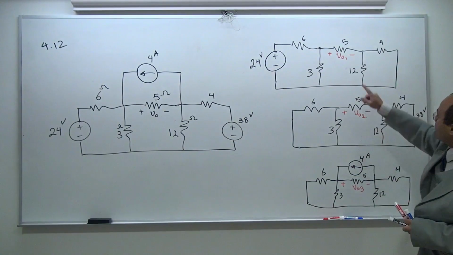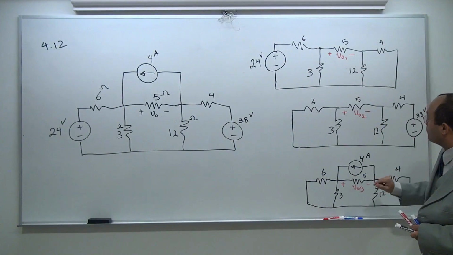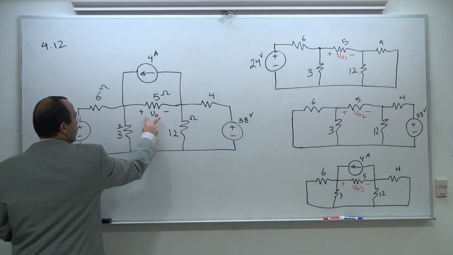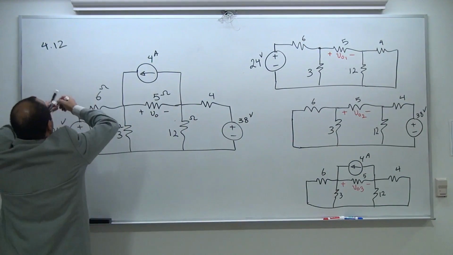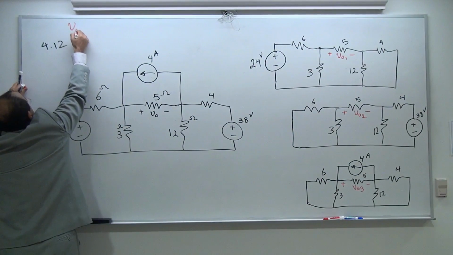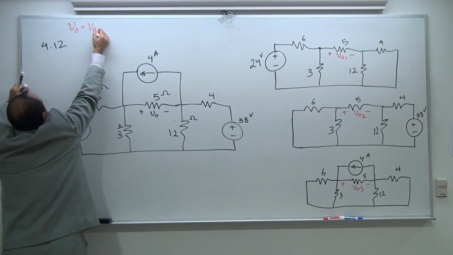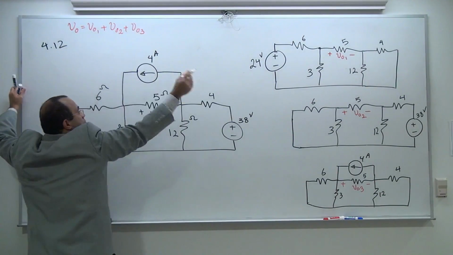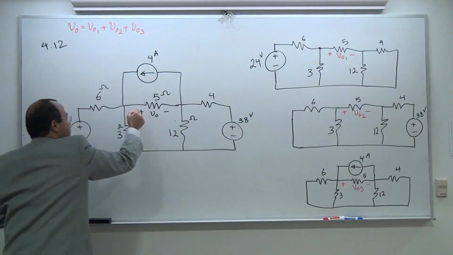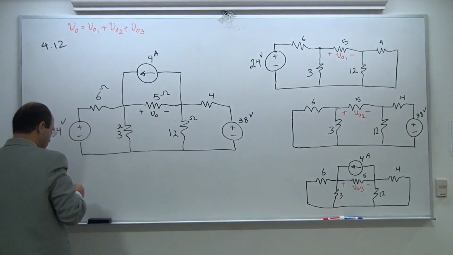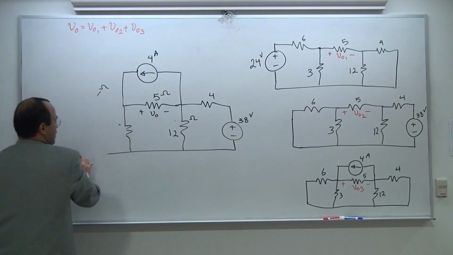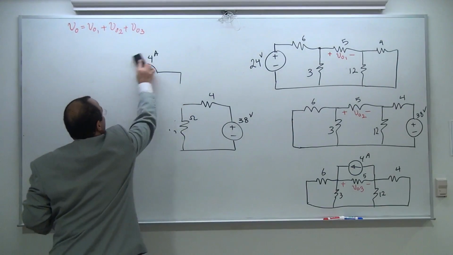So I need to find VO1, VO2, and VO3 and sum them up. And that would be the total VO I'm looking for. So I'm going to have this rule written down separately. VO is equal to VO1 plus VO2 plus VO3, provided that the polarities match the polarity I have on this end. Let's remove this space and let's begin solving one design at a time.